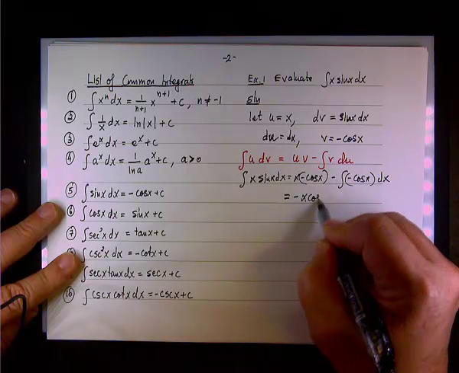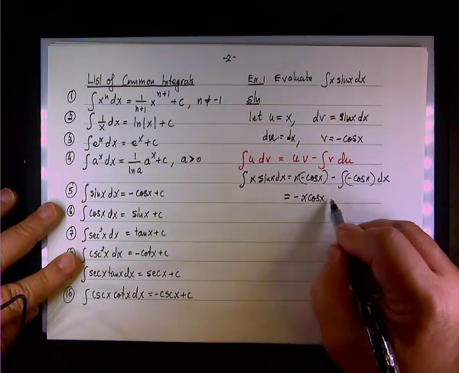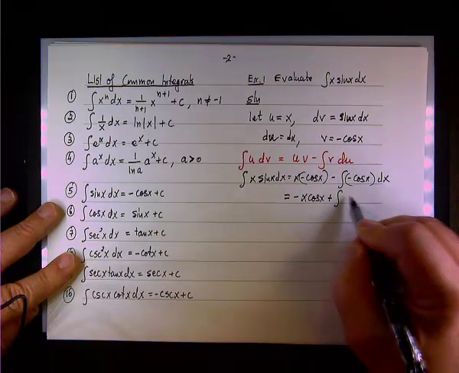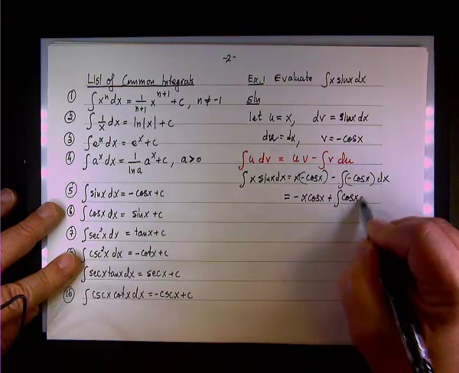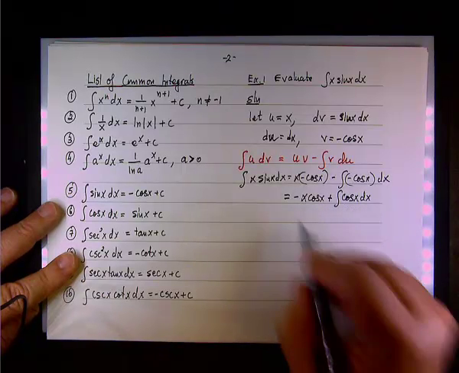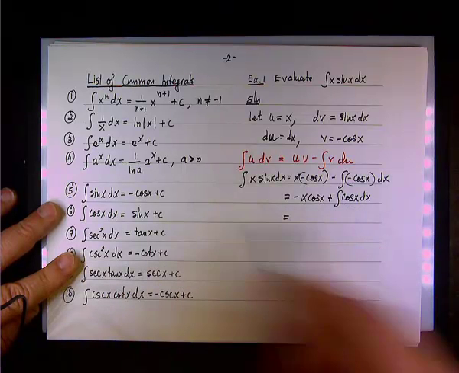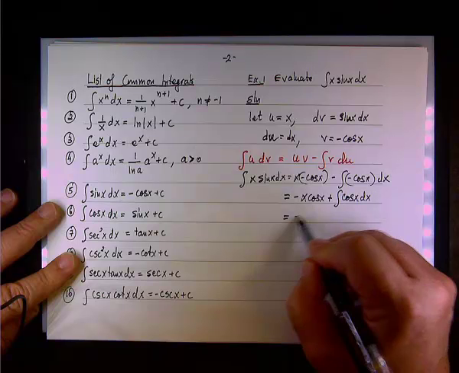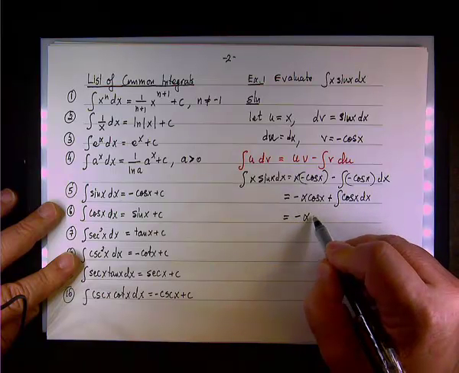Now, let me rearrange it a little bit. So we have negative x cosine x, and here I have a double negative, so plus the integral of cosine x dx. Now, this is an easy integral.